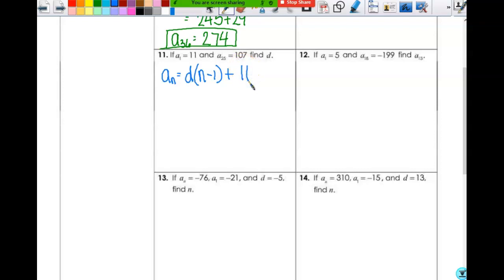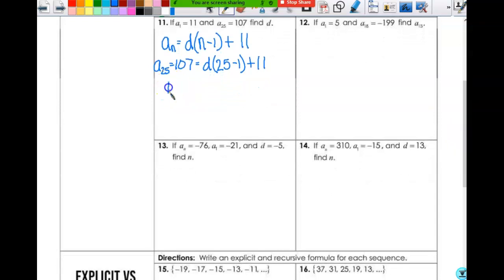So I have 2 unknowns now instead of just 1, but they did tell me a sub 25. So a sub 25 equals 107, so that's like a sub n. That's equal to d times, well, n is 25, so it's going to be 25 minus 1 plus 11.